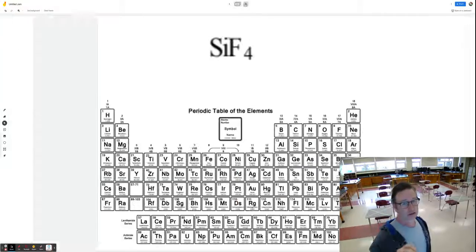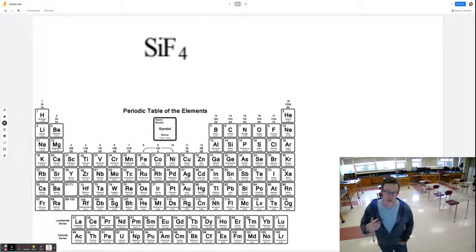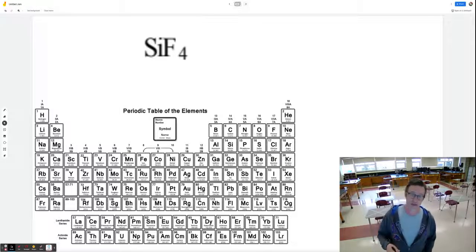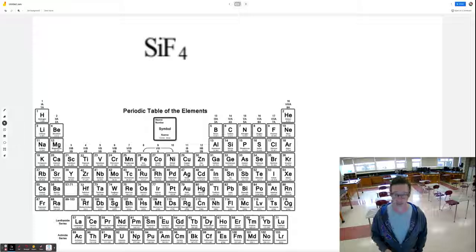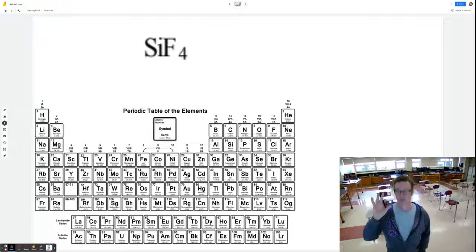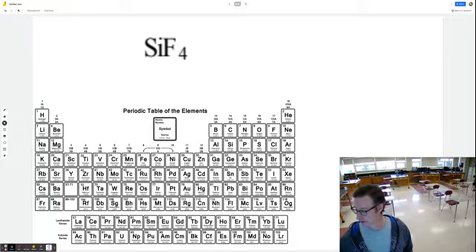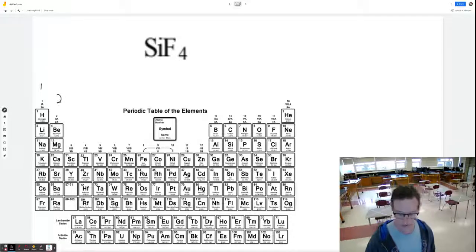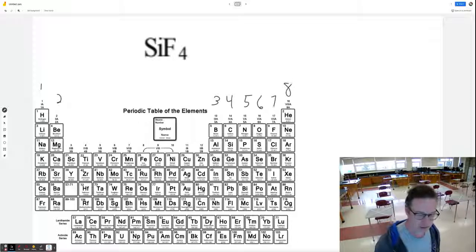So let's take a look at some examples. The most important part for this process, and really for the NASL if you do that too, is understanding the connection between the periodic table and the valence electrons. Remember that the group numbers give 1 valence electron, 2 valence electrons, 3, 4, 5, 6, 7, 8.